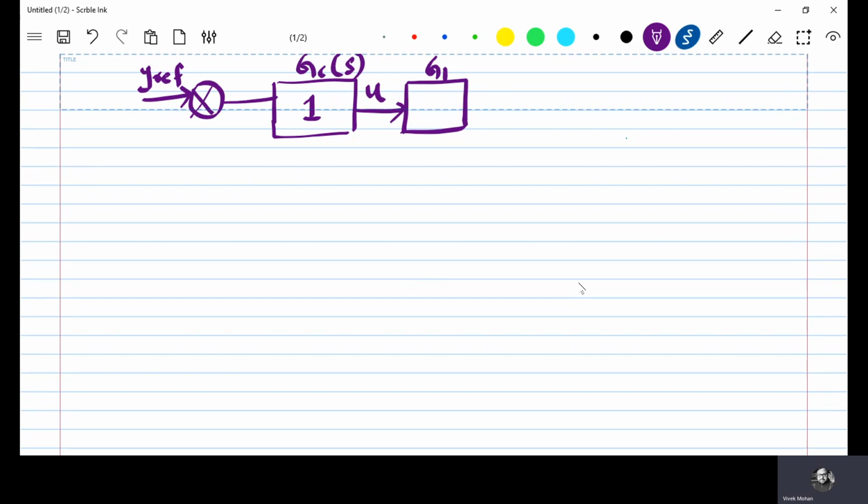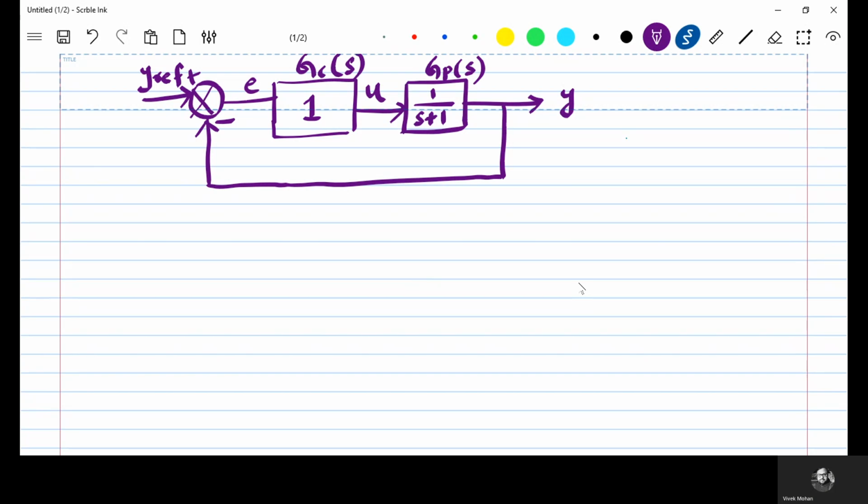Here it is the plant, GP of S equals 1 by S plus 1, the transfer function for the plant. This is the output Y. So it is fed back through unity feedback, and this is a negative feedback system. Okay, now this is the error.